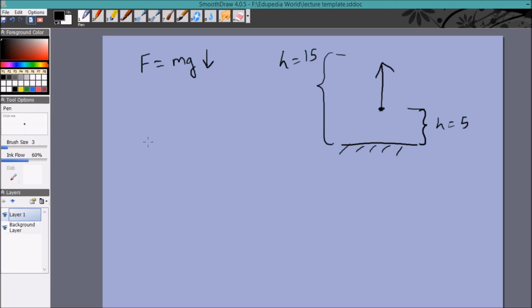So the work done will be the integral of mg dx. It is initially at 5, finally it is at 15. But since the displacement is upwards and mg is downwards, we have to attach a minus sign. So this gives me minus 10 mg. This is the work done by gravity.